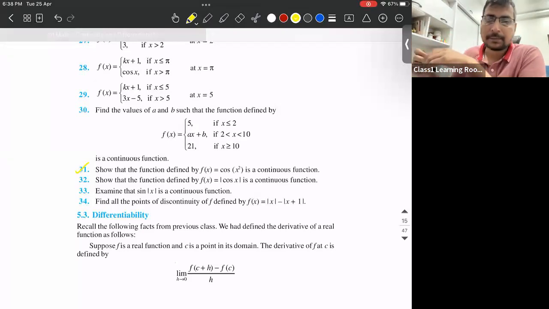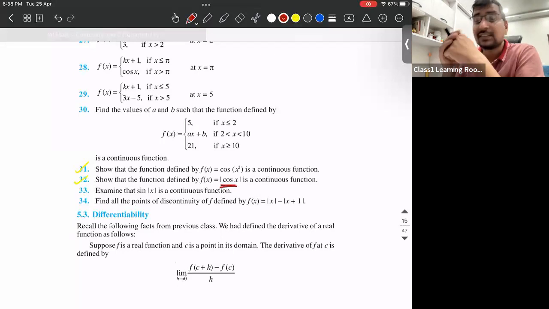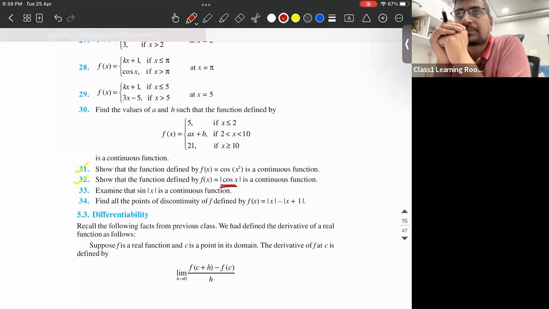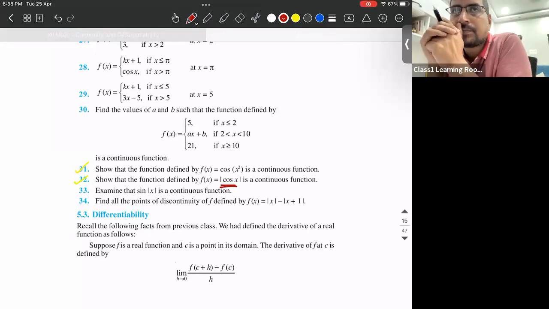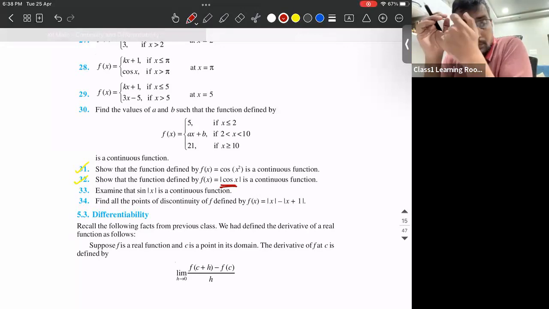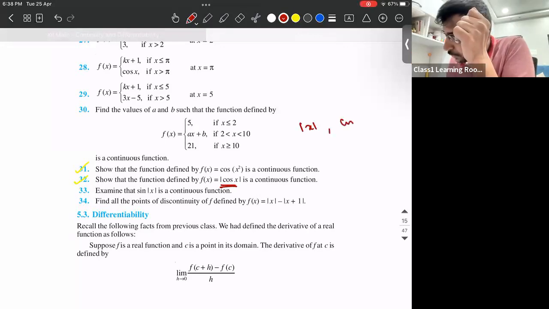Right. Similarly, 32nd, if you see, show that the function defined by mod of cos x is a continuous function. See, how is mod of cos x formed? Cos x and mod x. So which one will come first? Mod x. Yes. So mod x is there, then you have cos x.